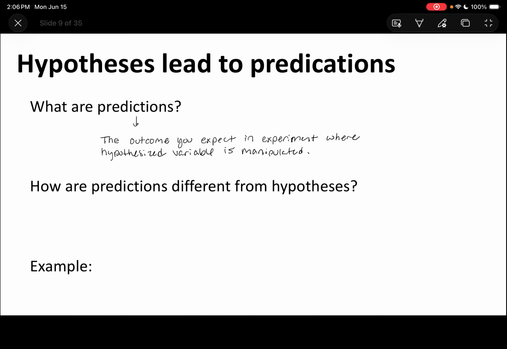It's the outcome that you're going to expect in the experiment that you're going to run where the variable you hypothesized about is changed.